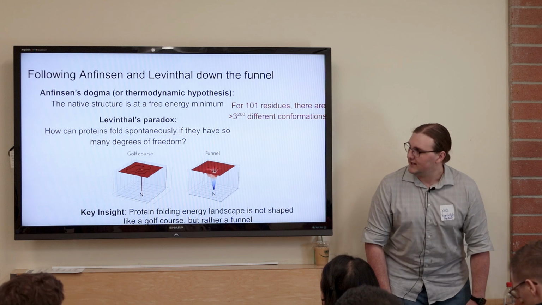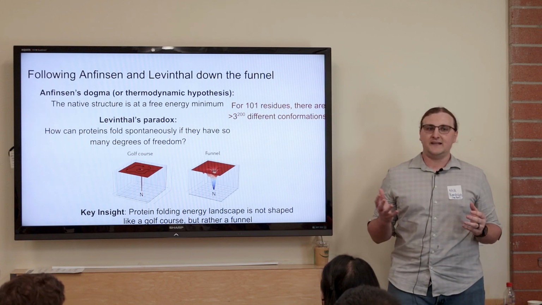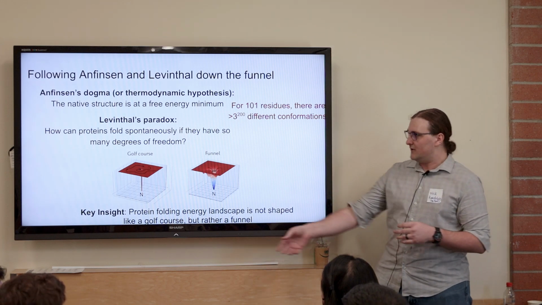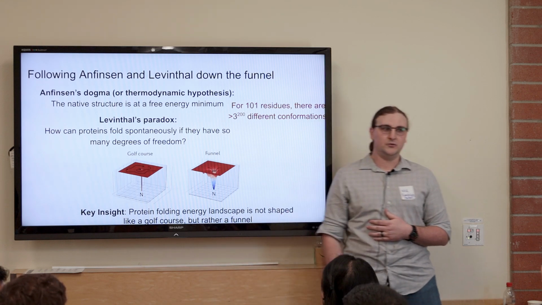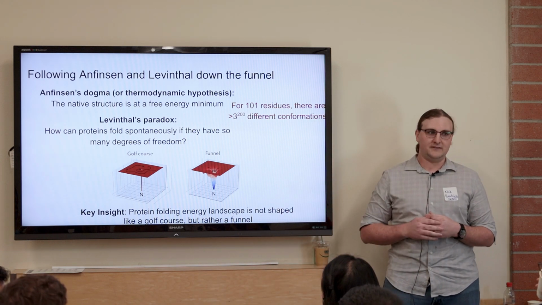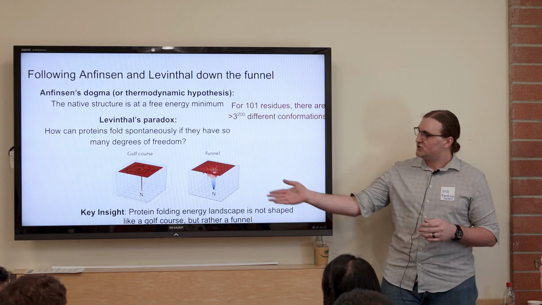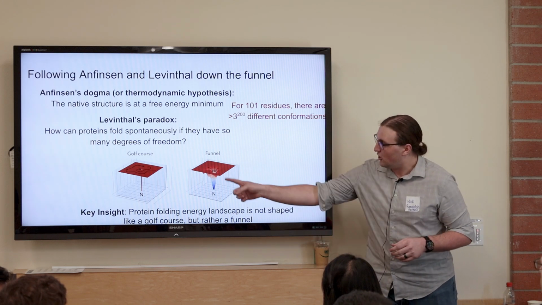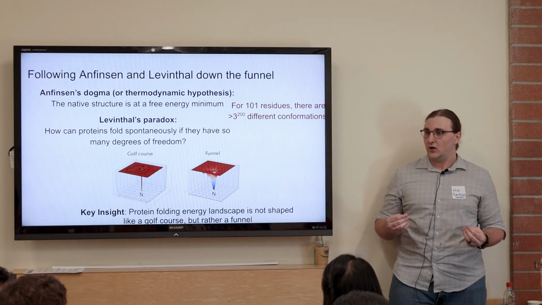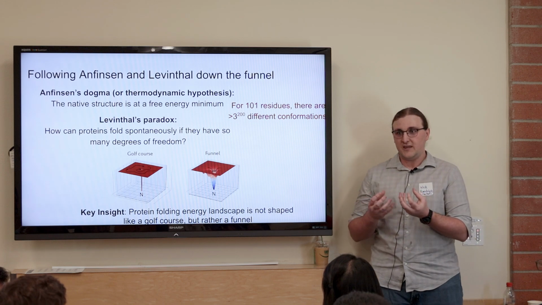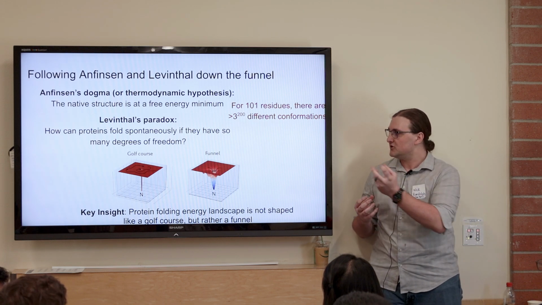Well, I think the key insight is that the energy landscape is not a golf course. There's not a single hole that you fall into and you have a flat landscape besides that. No, that's not really how proteins work. That's not the energy landscape. It's more shaped like a funnel where there are directional cues of where you need to go, and there are certain structures within that can be shared between other structures.